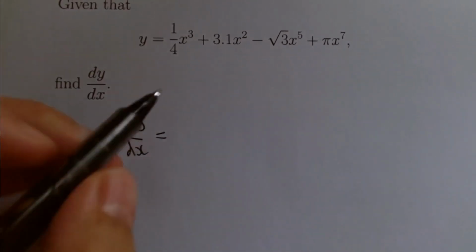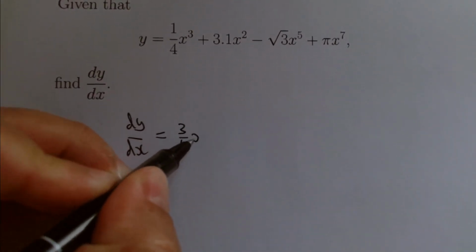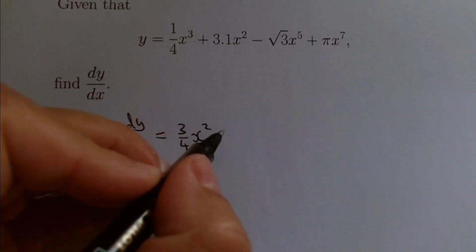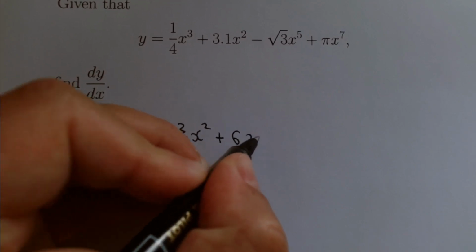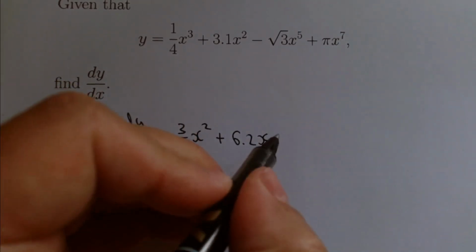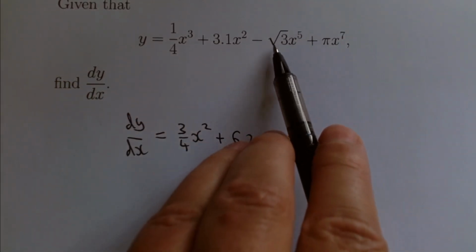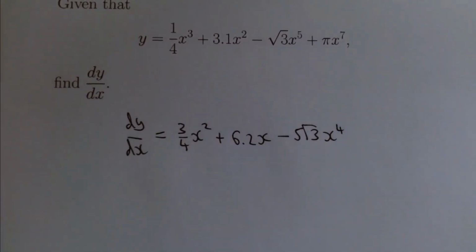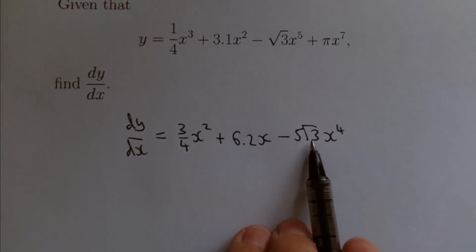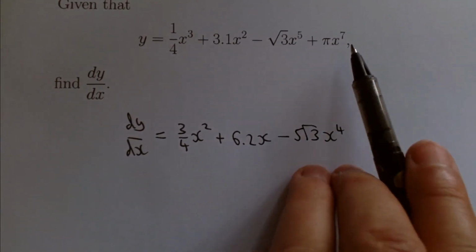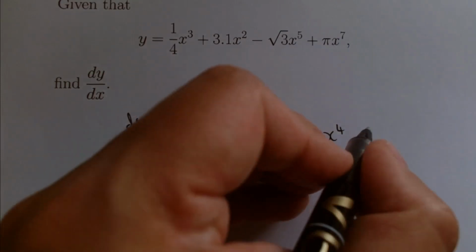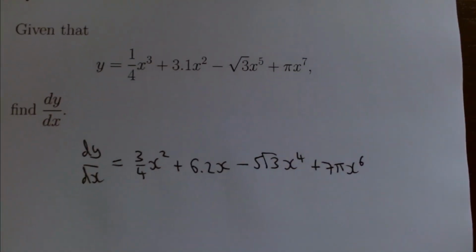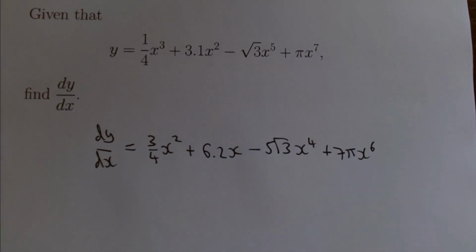Okay, so the first one, 3/4 x squared, that term becomes 6.2x, and here the 5 comes down, multiplies to root 3, 5 root 3x to the 4, and then the 7 comes down, multiplies to pi, to get 7 pi x to the 6.